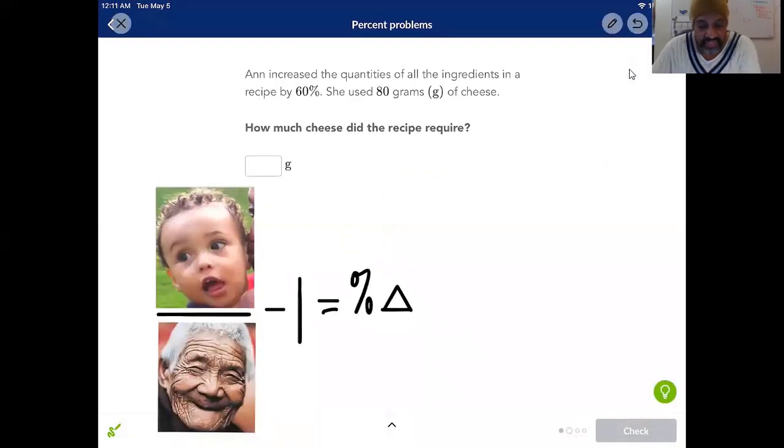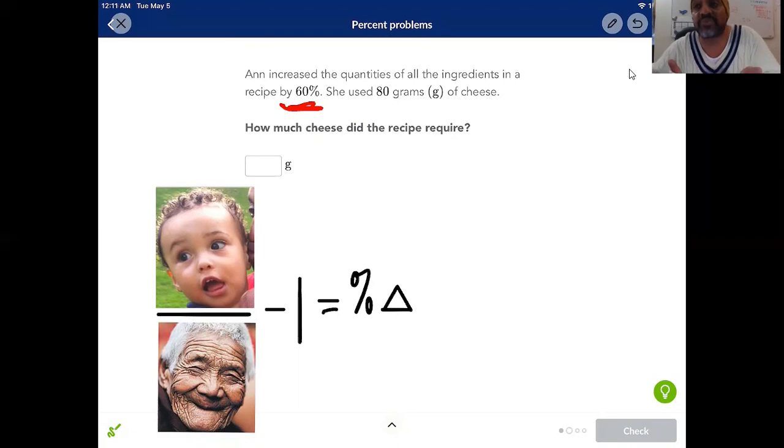All right, so here it says, Anne increased the quantities of all the ingredients in a recipe by 60%. She used 80 grams of cheese. How much cheese did the recipe require? So we have to determine something here. Anne had this recipe, and then she decided to increase whatever the recipe said by 60%.